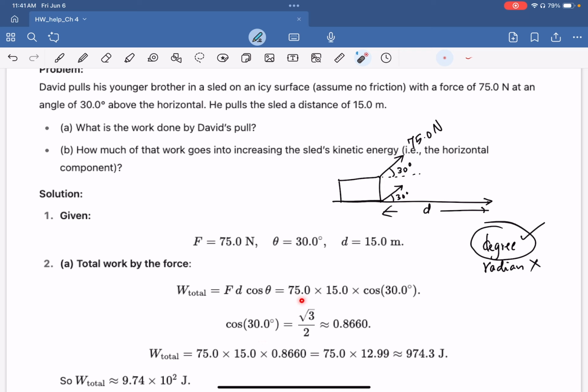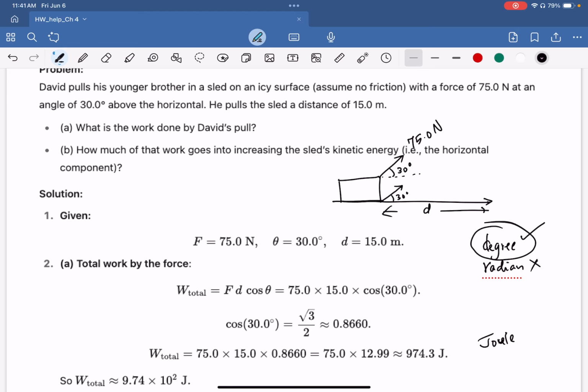So now that we have the force, the distance, and the cosine of the angle, multiply them, and you get 974.3 joules. Joule is the unit of work. It's also the unit of energy because work and energy are related. Why are they related? Energy is the ability to do work. So if you have 10 joules of energy, you can do 10 joules of work.